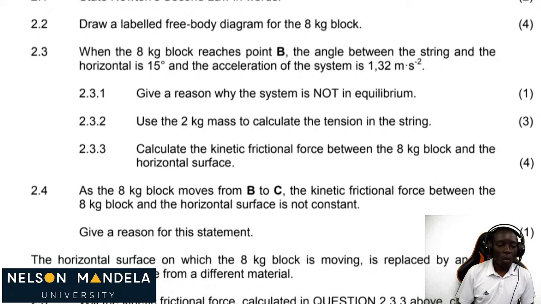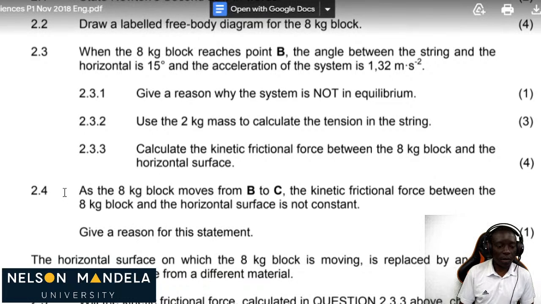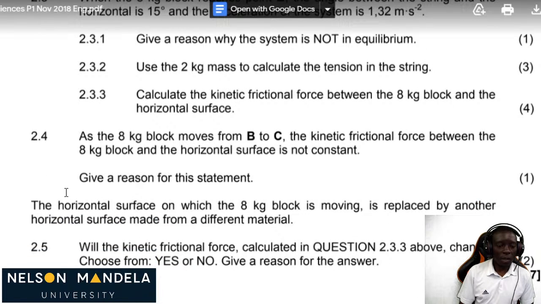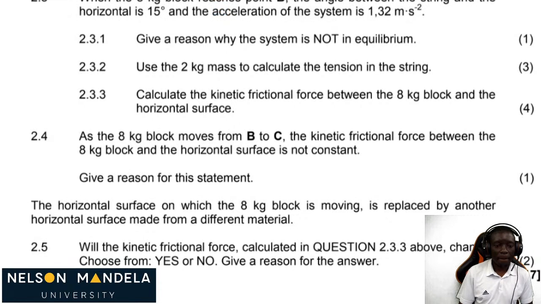Now, we can look at the next part, which is our last part for the day. The horizontal surface on which the 8 kg block is moving is replaced by another horizontal surface made from a different material.